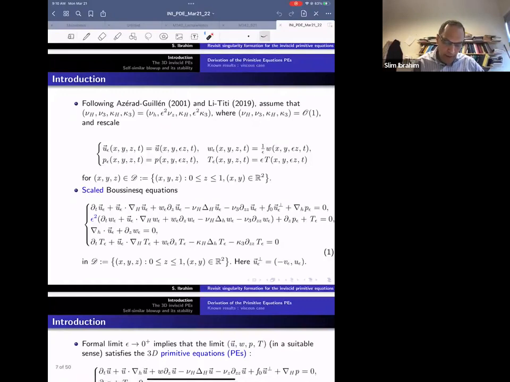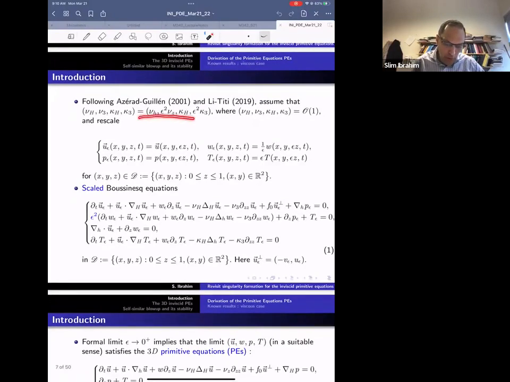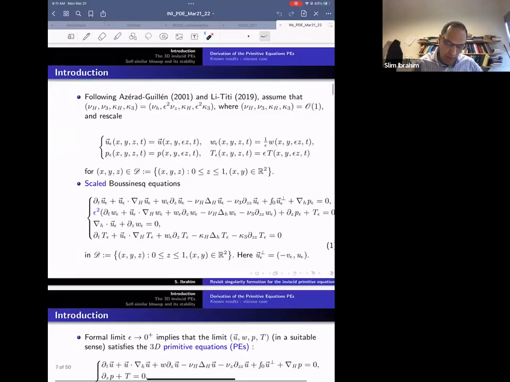By choosing this ansatz and rescaling the horizontal velocity in the z direction, now z is between 0 and 1, so epsilon z is between 0 and 1. So this is the thin domain. And you do the same thing to the vertical velocity, the temperature and the pressure. Now the domain is rescaled to z between 0 and 1 instead of the thin domain, 0 to epsilon.